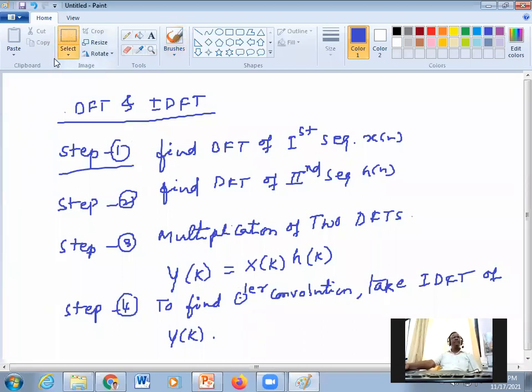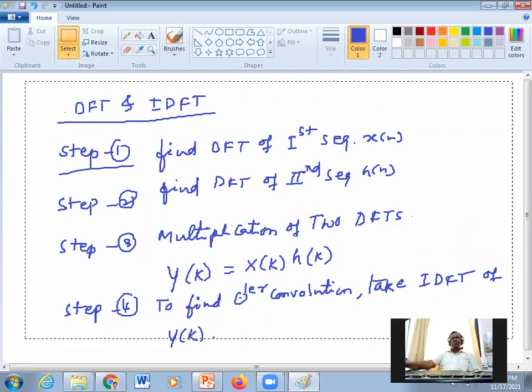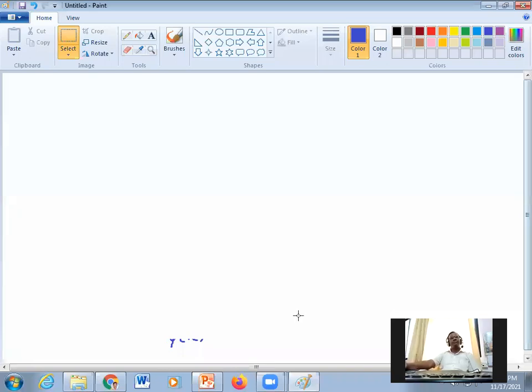So let me give you some examples for your practice purpose. Please note down the examples. I think last day also I gave one example. I don't know how many of you have done it. Has anybody done the last example?